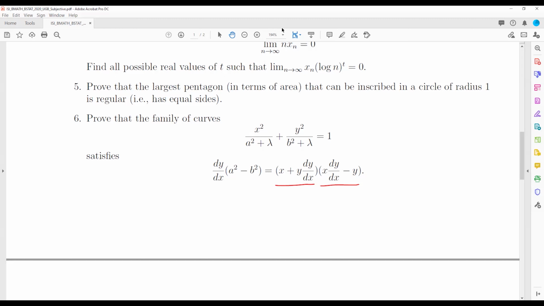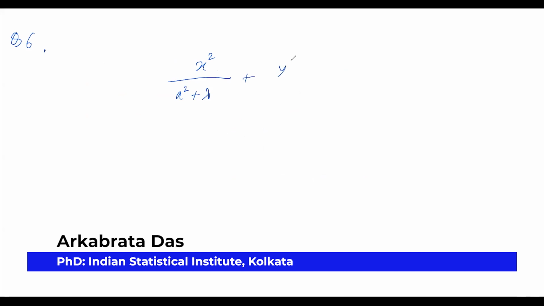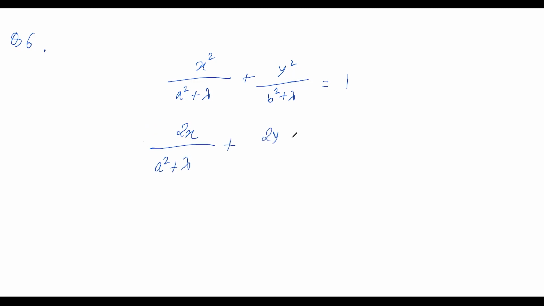So first of all, what has been given to us, let's differentiate it. The given relation is x squared by a squared plus lambda plus y squared by b squared plus lambda is equal to 1. Now if I differentiate this with respect to x, I get 2x by a squared plus lambda plus 2y dy by dx by b squared plus lambda is equal to 0.